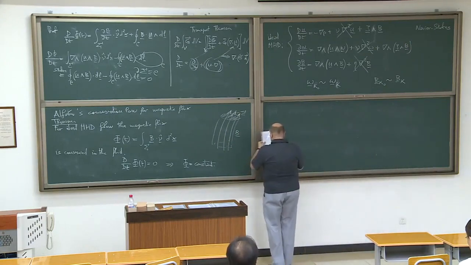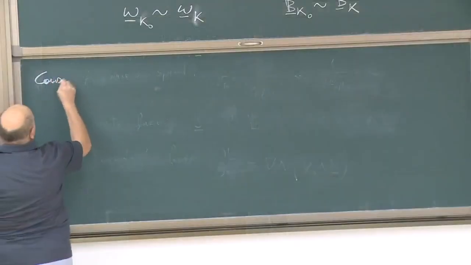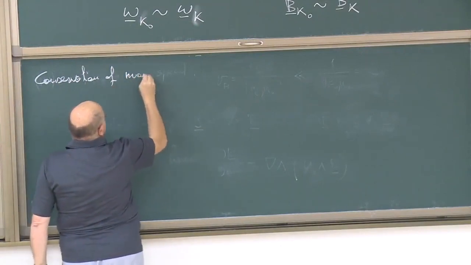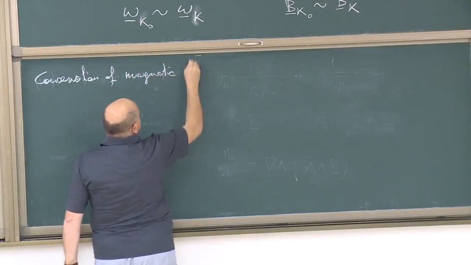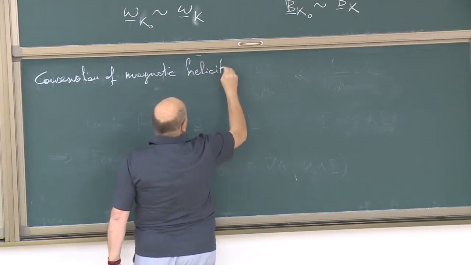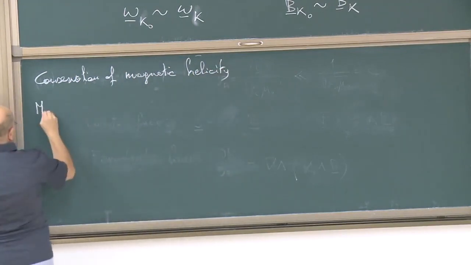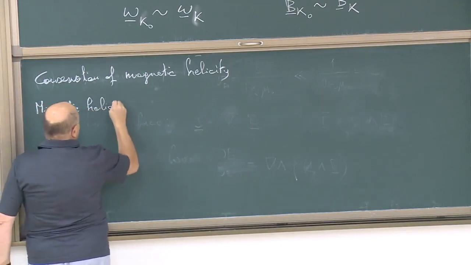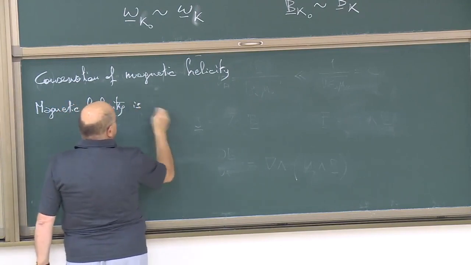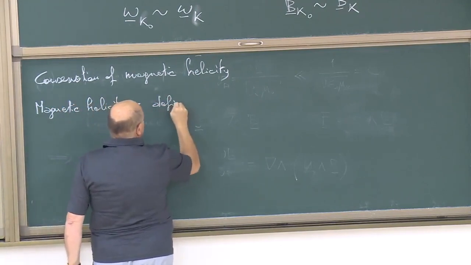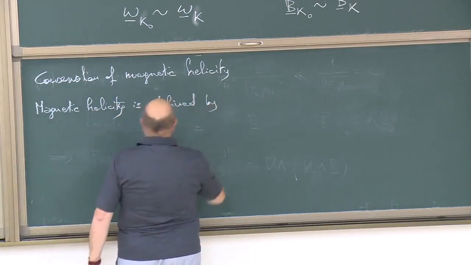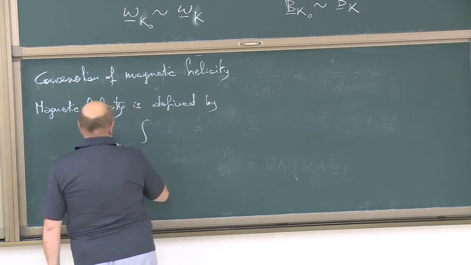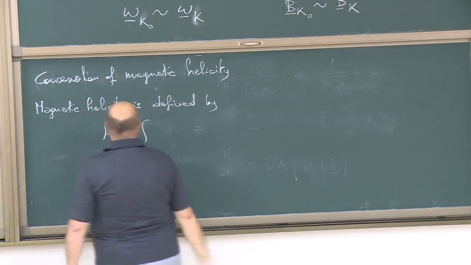Then we are at the stage to prove conservation of magnetic helicity. Okay, so what is magnetic helicity? First of all, magnetic helicity is defined by the integral, let's call it H_M, a function of t in general.